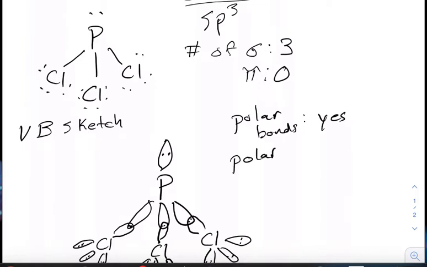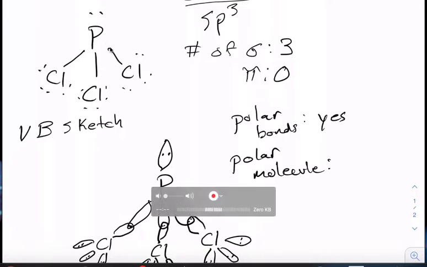And then we also have a follow-up question that's going to involve, is the molecule polar? Do we have a polar molecule or not? And so this is the part that's a little trickier. Because for each bond in our molecule that is polar, which in this case are our 3 phosphorus-chlorine bonds, we're effectively going to draw what we call a dipole.